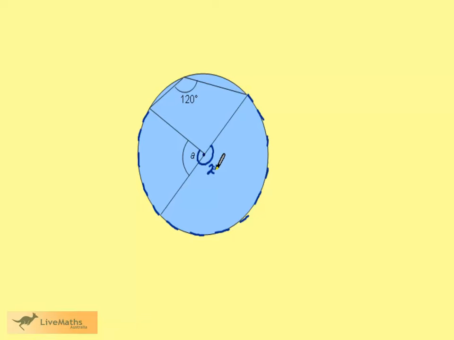It follows that this one is 240 degrees, since we know the angle at the center is always double the one at the circumference. If we now consider the angle on a straight line is 180 degrees, A must be equal to 240, take away 180, which is 60 degrees.